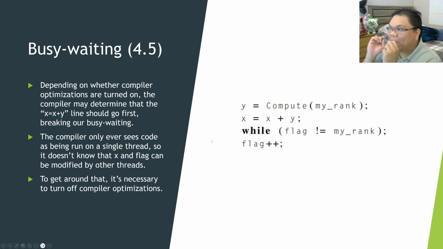The problem is the compiler only sees code as it would run on a single thread. It doesn't know the existence of other threads, and it doesn't know that x and flag are modified by more than one thread. So if you wanted to do busy waiting, you might need to turn off compiler optimizations. So that's one consideration.